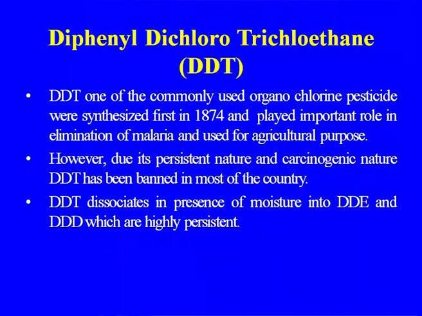However, due to its persistent and carcinogenic nature, DDT has been banned in most countries. DDT dissociates in the presence of moisture into DDD and DDE, which are highly persistent because they remain in the environment for a very long time and do not biodegrade.